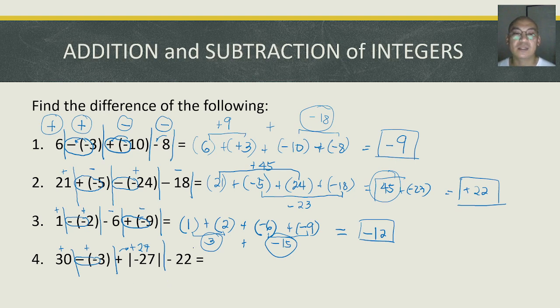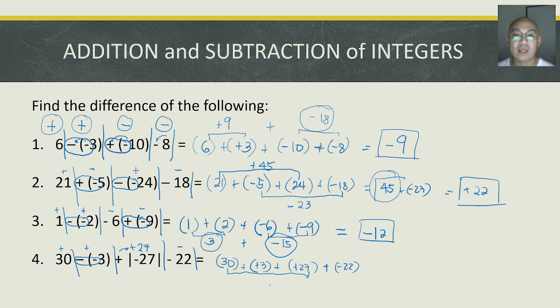Next one is 22. We have negative. So let's write all of those numbers. We have 30 as a positive 30. We have 3 positive. We have 27 positive. We have 22 negative. So let's add. So what are the numbers having the same signs? These 3. 30, 3, and 27, they are all positives.